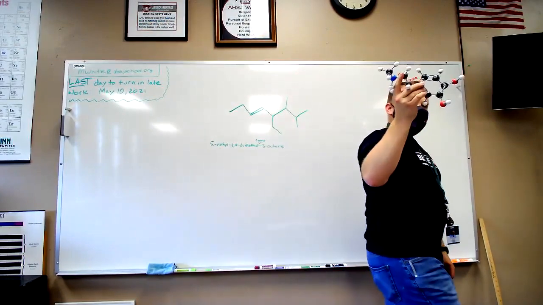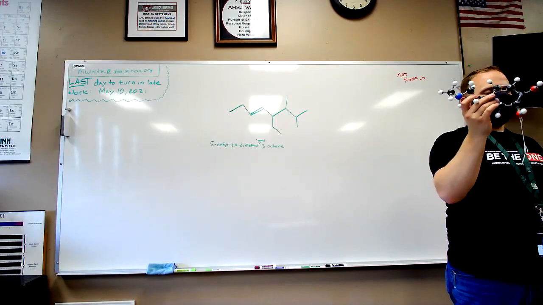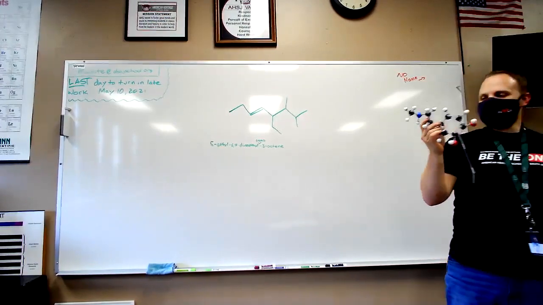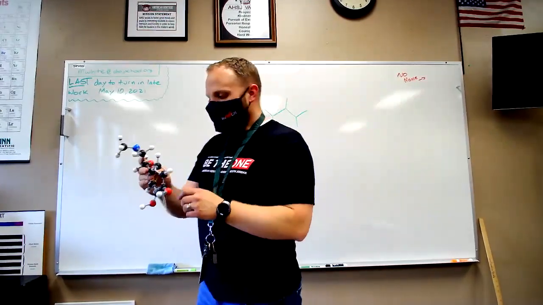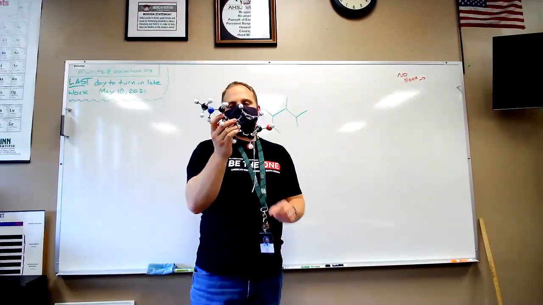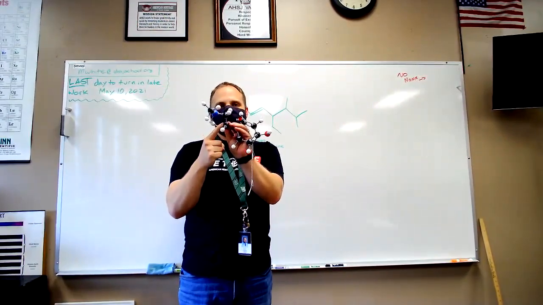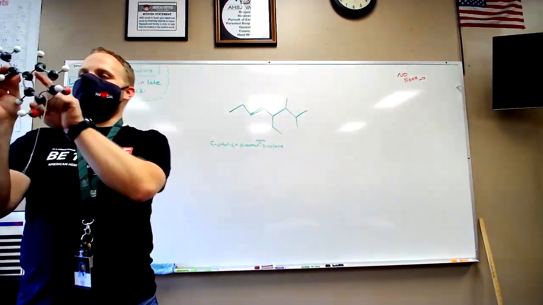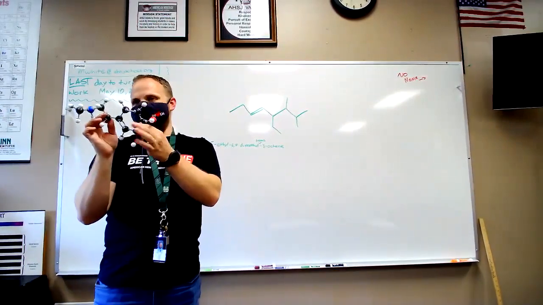But what this actually is, is adrenaline, or epinephrine. And this has a chiral center right there. This is one chiral carbon. Happens to be the only chiral carbon in this entire molecule.